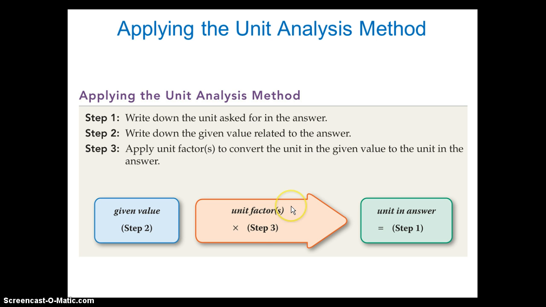The way we set up the unit factor, the given value's unit is at the bottom so we can cancel it, and whatever unit we need should be on the top. That way we can cancel the given units and find the units we want.